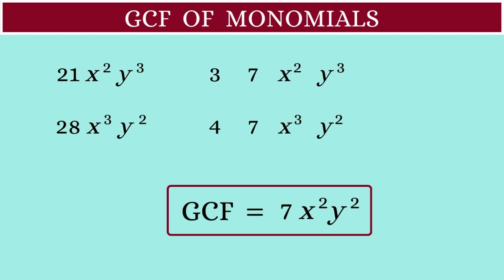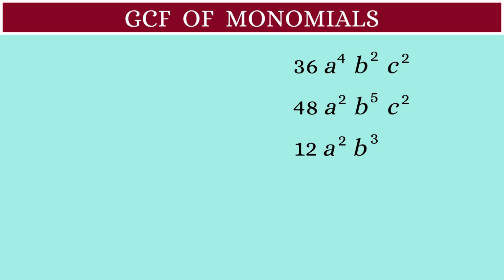With that, we move on to our final example. Let's find the GCF of 3 monomials. 36 a to the power of 4 b square c square, 48 a square b to the power of 5 c square, and 12 a square b cube.